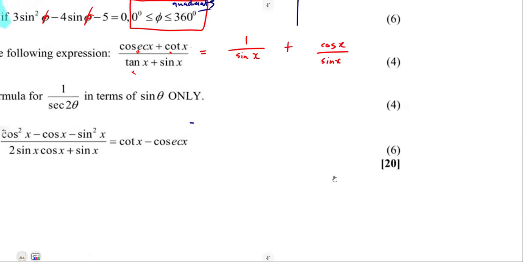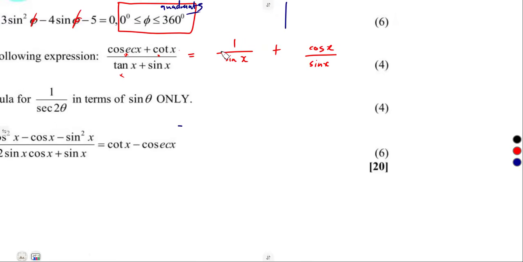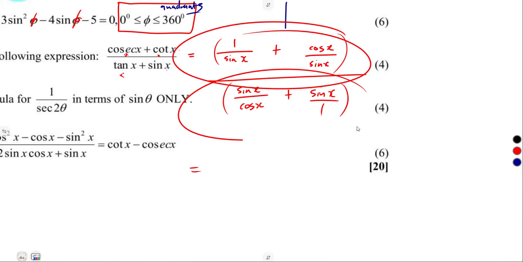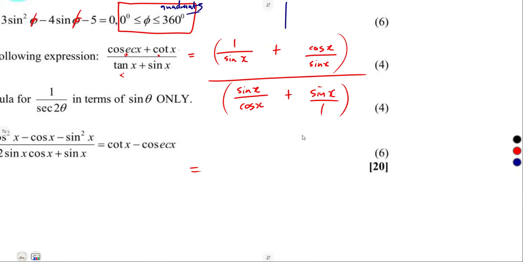So this is what you're going to have from what we are given. This whole part is over the tan, that's sine over cos, the sine of x over the cosine of x, plus the sine of x, which is the same as sine of x over 1. Since I have a fraction in the numerator to be combined and another one in the denominator, in the numerator, simply combine here.